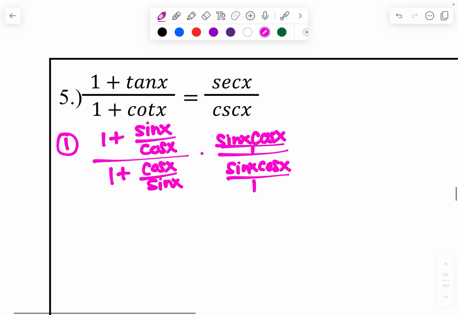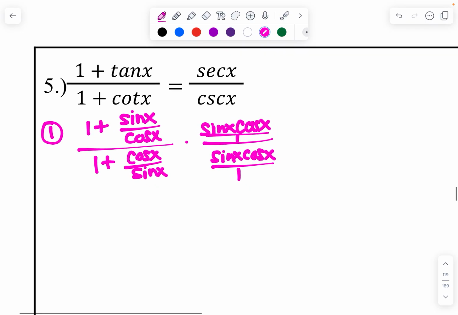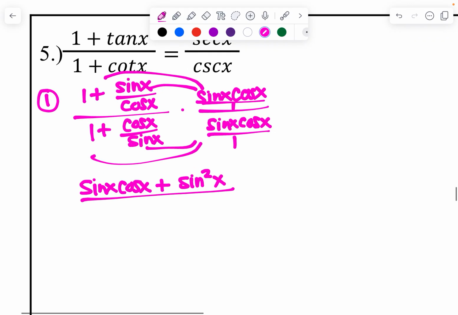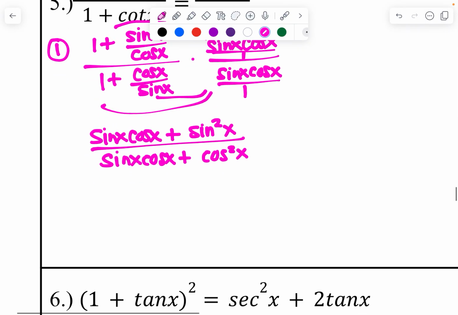It's going to affect the numerators. But we've got to make sure we distribute to every term. So we'll have sine of x cosine of x plus sine squared of x, because the cosines would have divided out. In the bottom, we've got sine of x cosine of x plus cosine squared of x, because the sines would have divided out.